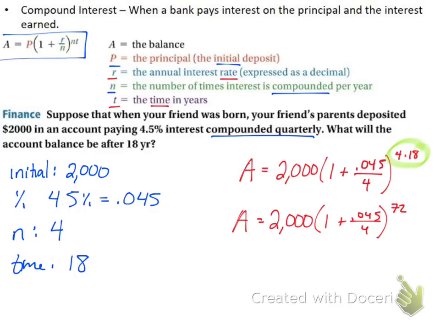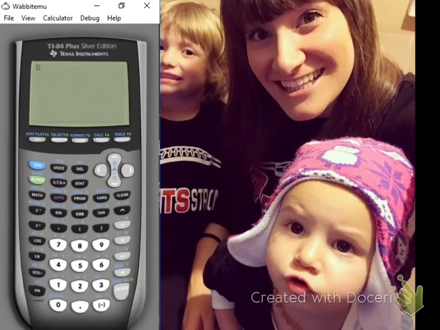And then when I plug it in, I can actually do it just like that. So let me jump over to my graphing calculator. So when I plug this in, again, I'm going to take my initial amount, which is 2,000, parentheses 1 plus my rate, which is 0.045, divided by the number of times it's compounded, which is 4. Close my parentheses and then take it to the 72nd power.